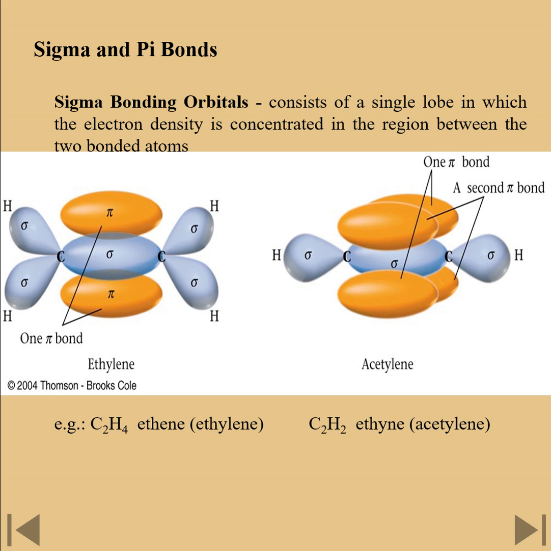So here we can just count 1, 2, 3, 4 sigma bonds to the 4 hydrogens, one more between the two carbons, so that's 5. And then one pi bond. We're seeing the pi orbital, the two lobes of the pi orbital. That's one pi bond. So again, we have 5 sigma bonds and 1 pi.